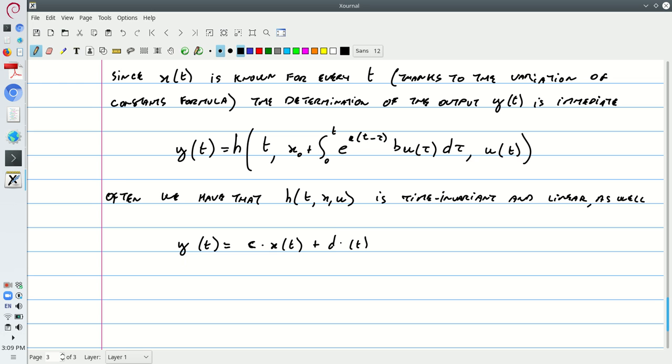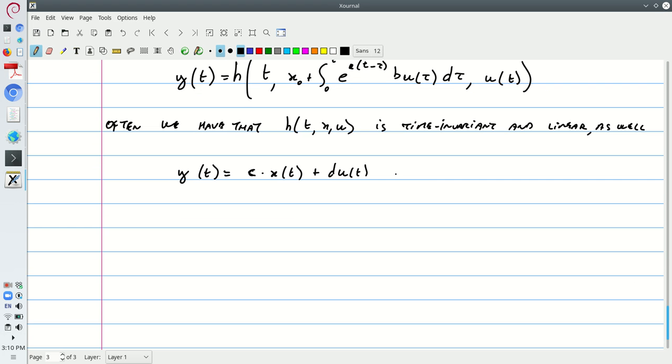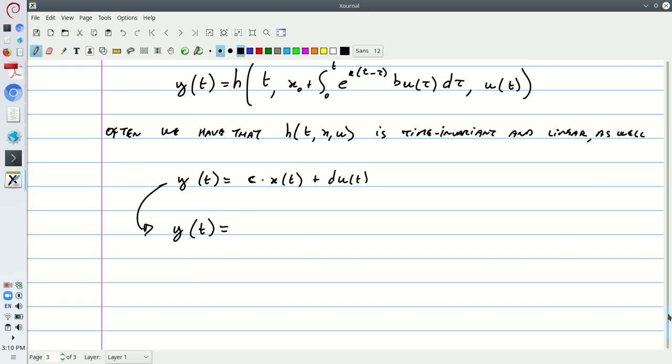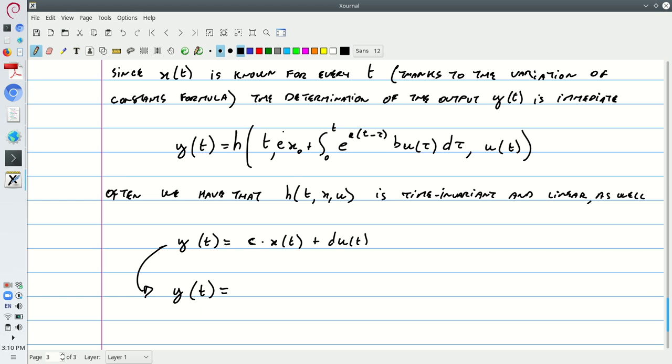So in this case, because the function does not depend explicitly on t, it depends on t because of x, or because of u, but not explicitly on t, we have that an expression like this gives us a y of t that looks very simple, because now you simply multiply. Here we had, I forgot an exponential of at.